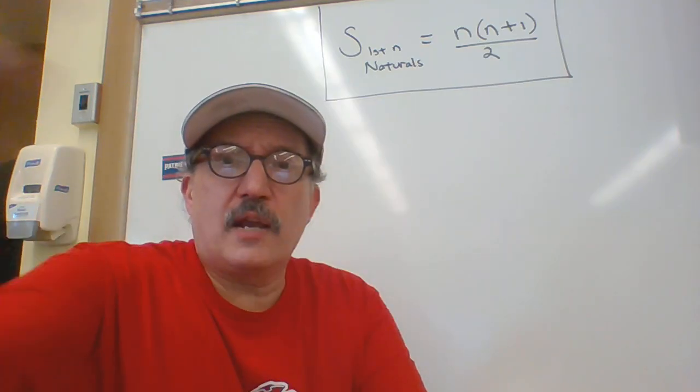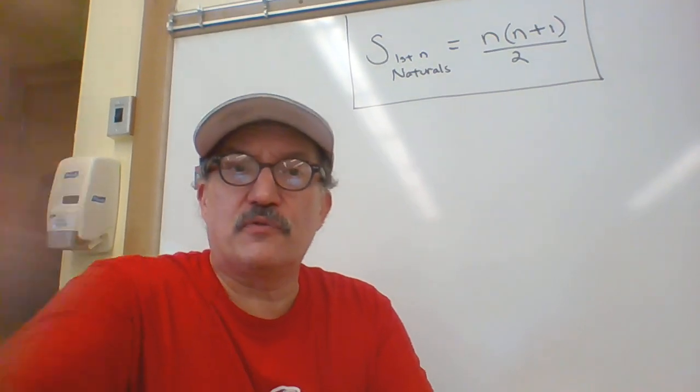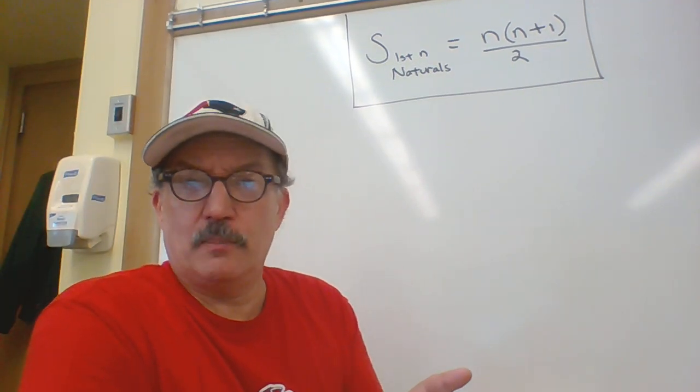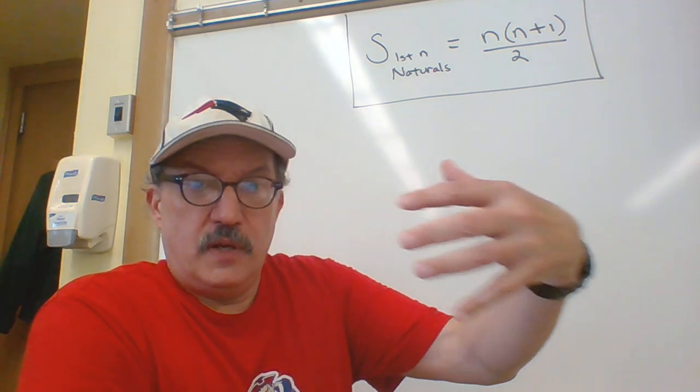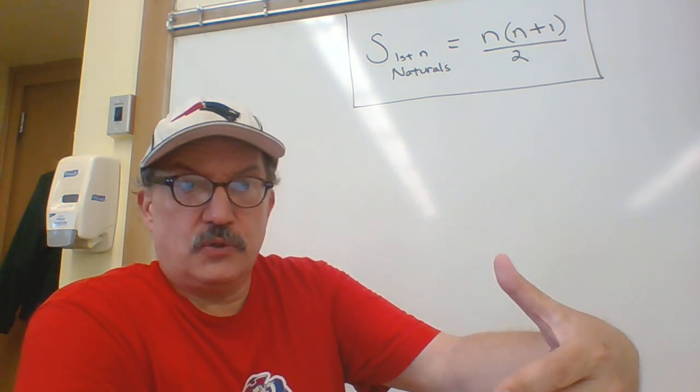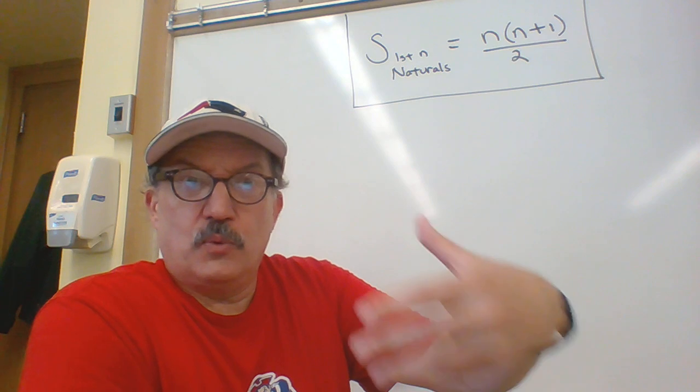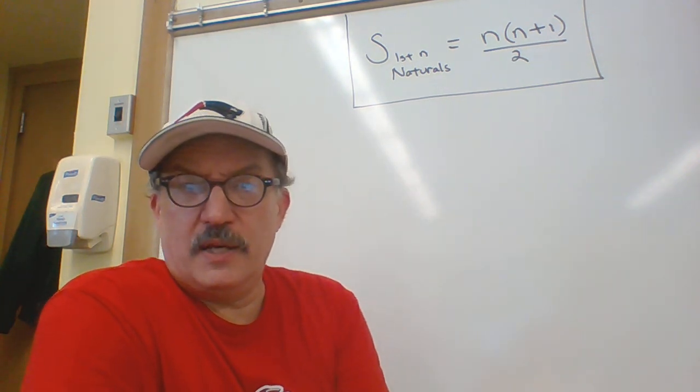At the top of the board, I reminded us of the formula for the sum of the first n natural numbers. This was video 1A about young Gauss. We found that the formula was n times n plus 1 divided by 2.